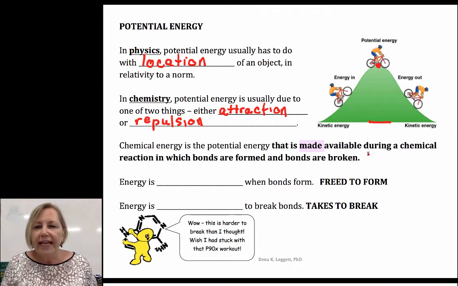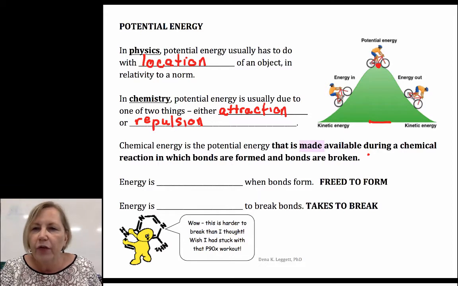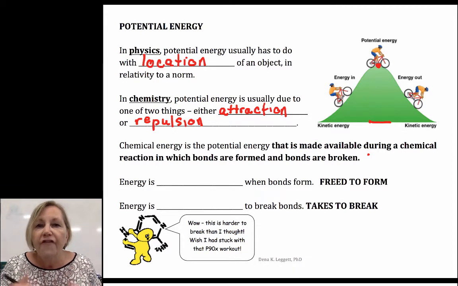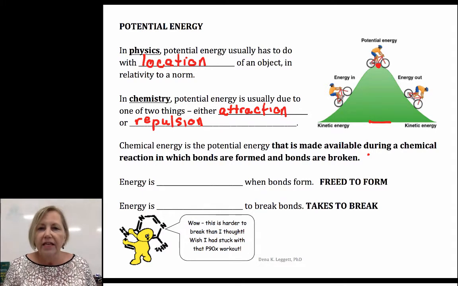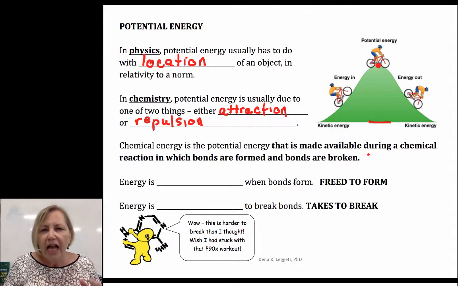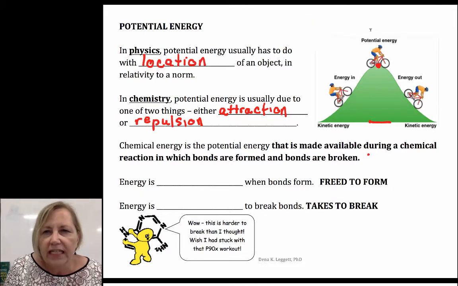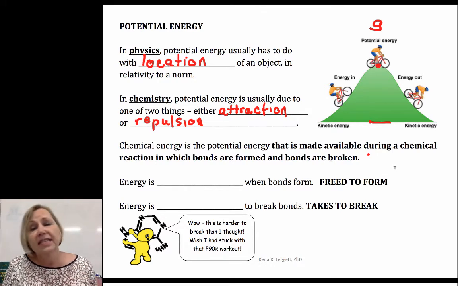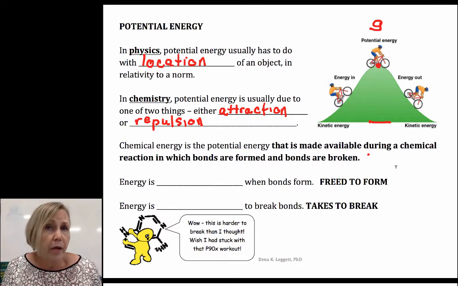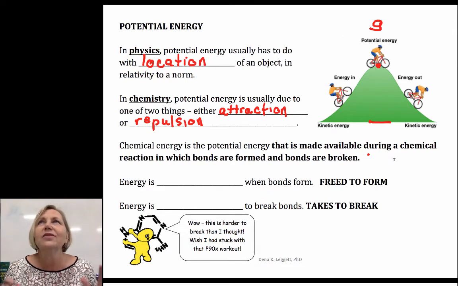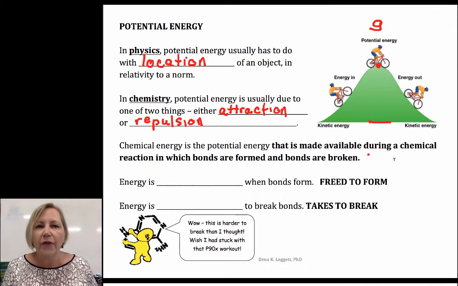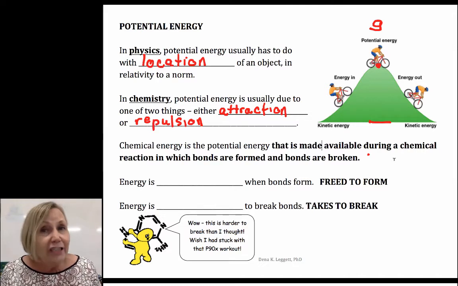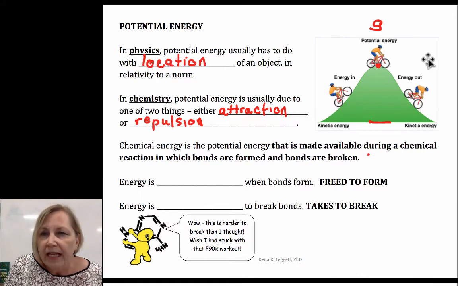The greater the potential that we have to form attractive forces, the higher the potential. I think it would help if we looked at it this way. A gas would have very high potential energy because it doesn't have many attractive nor repulsive forces, so it has a lot of potential to form those.